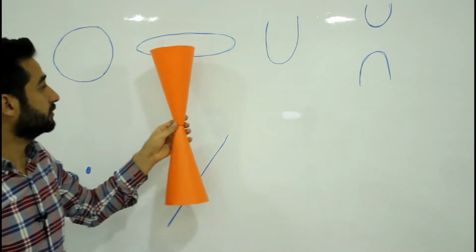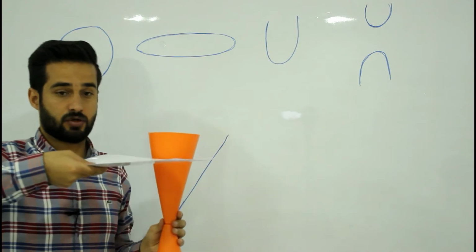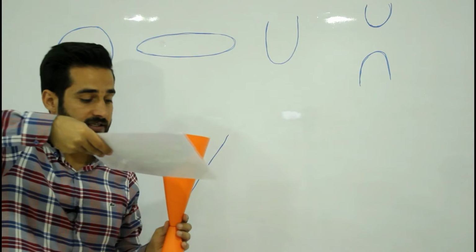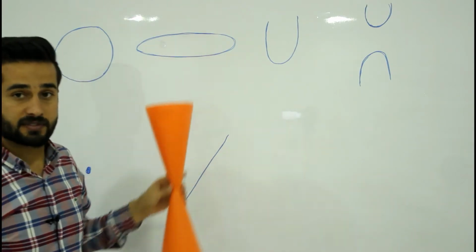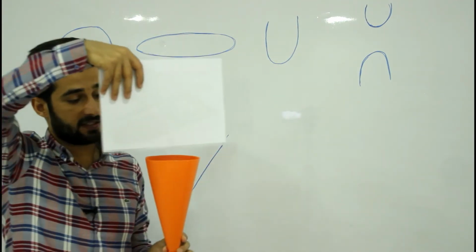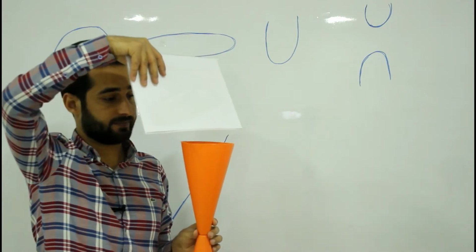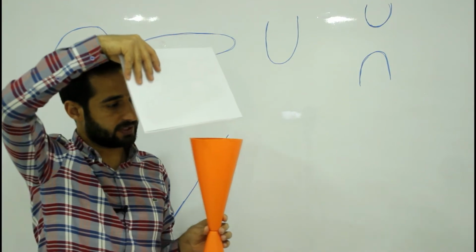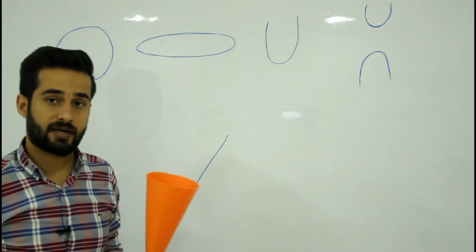But if you give a slope to this horizontal cut, each of these becomes an ellipse. And then, if we cut vertically, or if we give a little bit of slope and cut like this, it becomes a parabola.